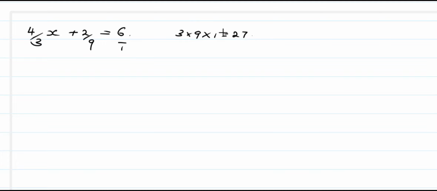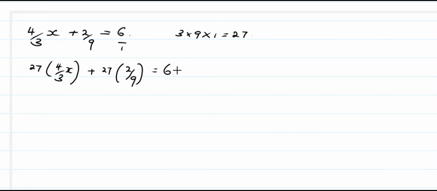Then this 27, we multiply each of these values with 27. So I can start with 27 into 4 over 3x like that, plus 27 into 2 over 9, then is equals to 6 multiplied by 27, like that.